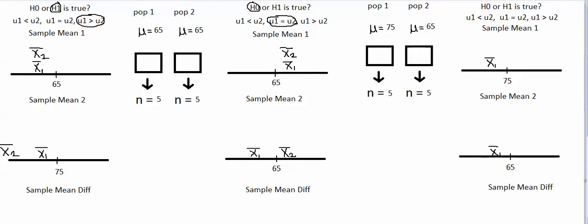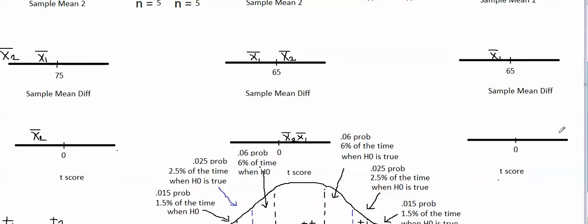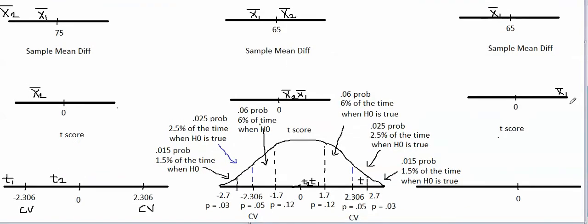The sample mean difference was positive 9, so it's out here somewhere. And since the sample mean difference is far above 0 and positive, the t-score is going to be pretty far above 0. So once again, I need you to label the critical values, which haven't changed.